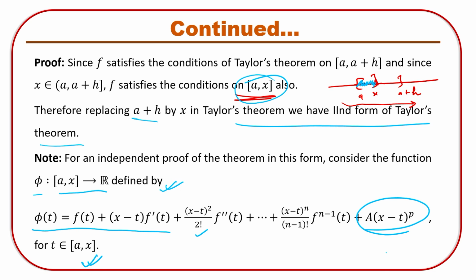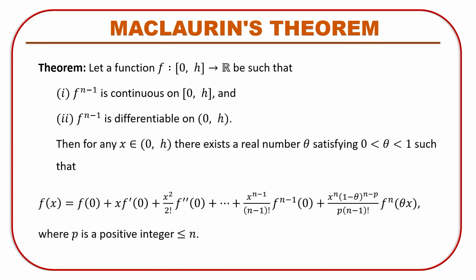And if you put in this value, then it comes out in a similar manner, 1 by (x minus t) power p and so on, and then put the value of this, then the proof comes out directly.